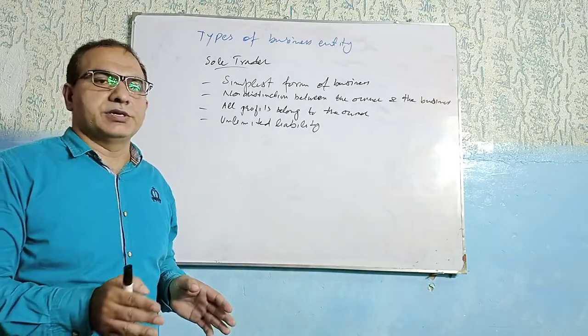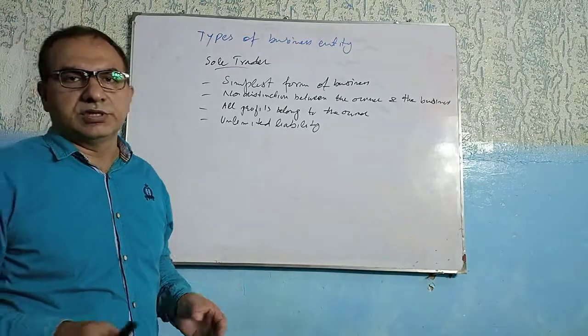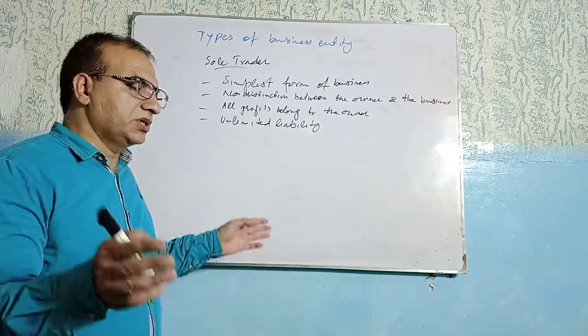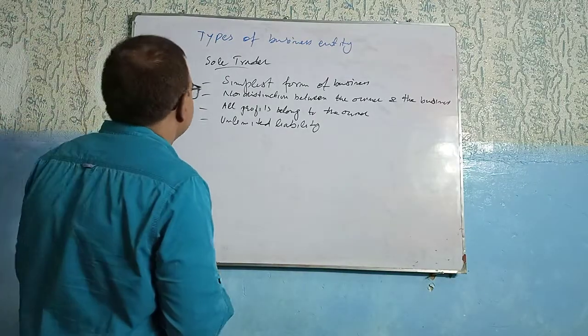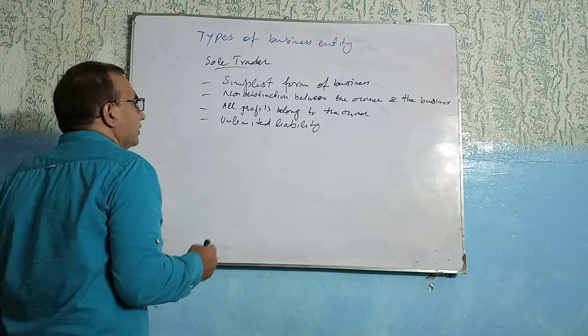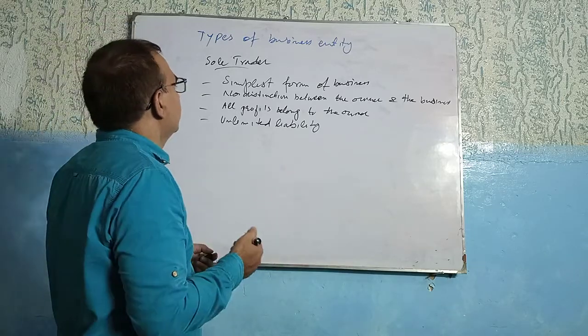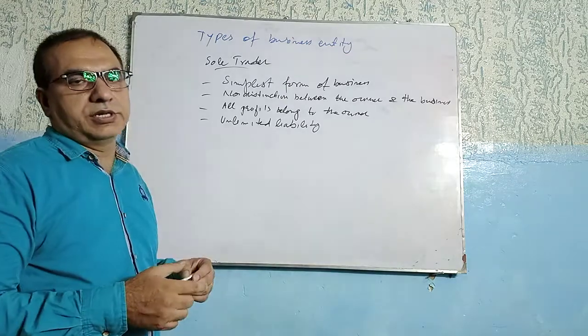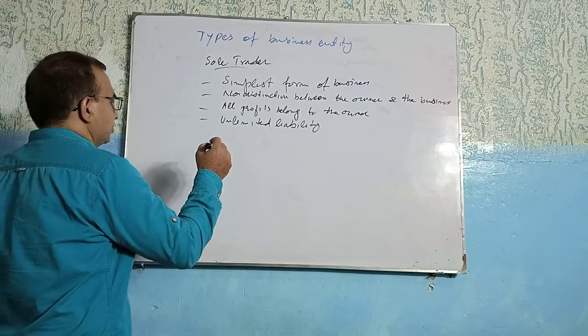The creditors or the lenders can come and sell the sole trader's house, vehicle, personal property, whatever they have, to pay. There is no limitation on the liability. Simplest form in a way, because you can add capital, increase capital, decrease capital through drawings, no restriction.